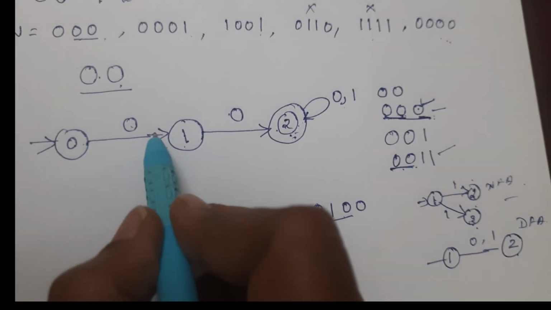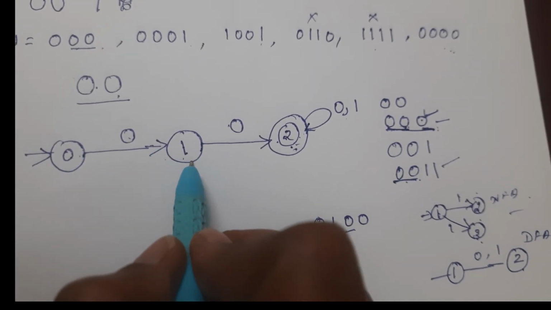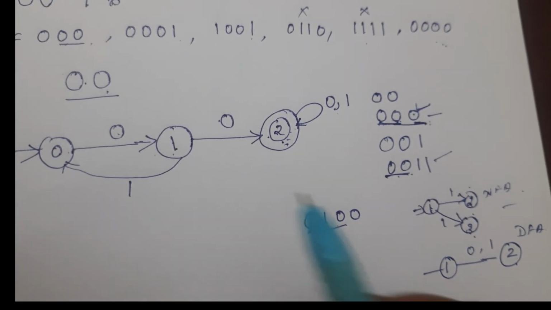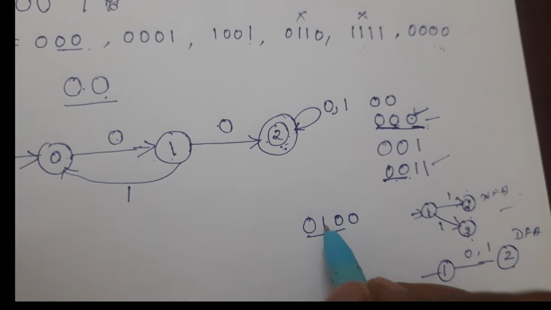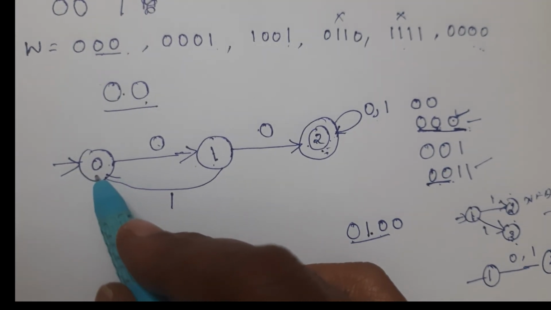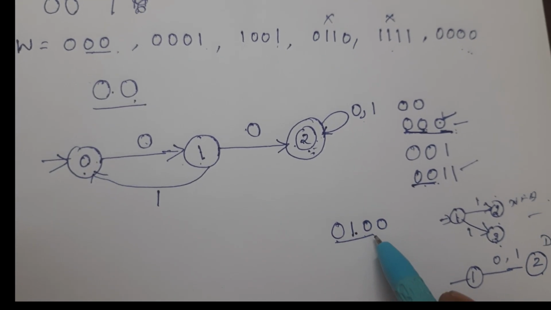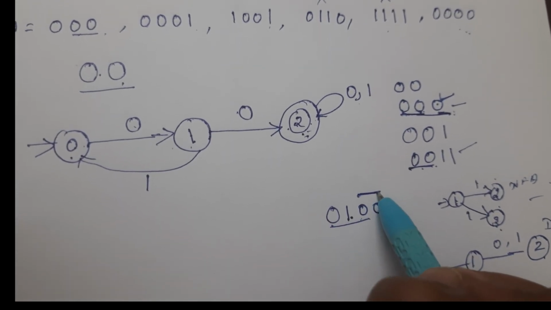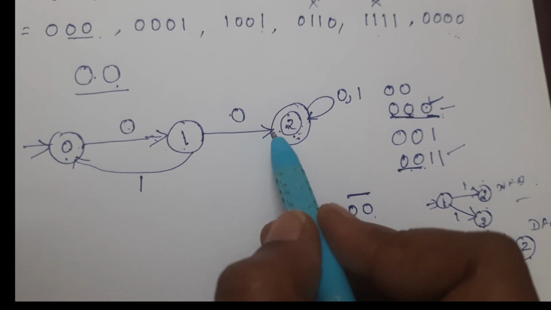So after this 0, if you give 1, it will go back to state 0. I need two consecutive zeros, so if you give two zeros, it will come here.